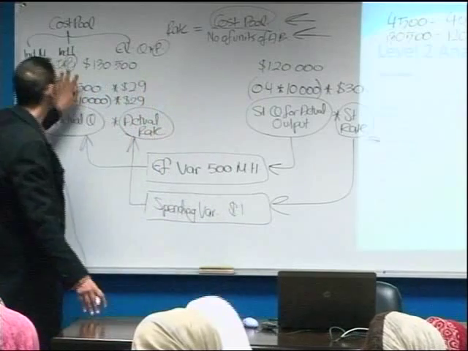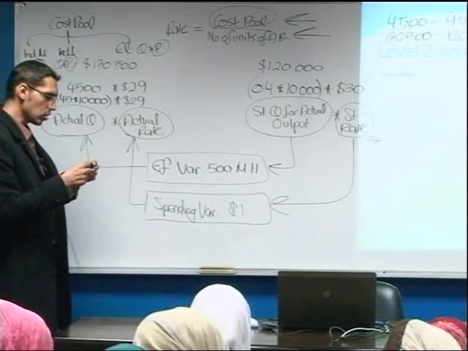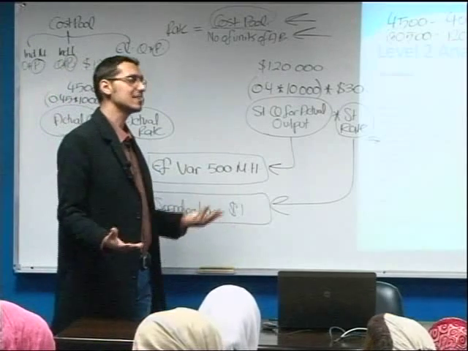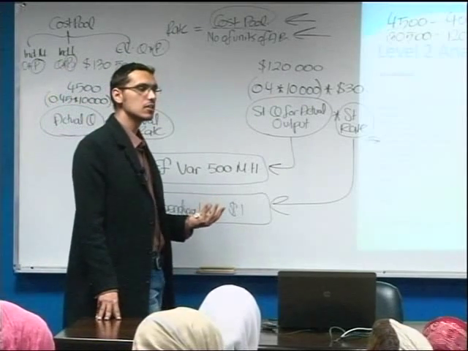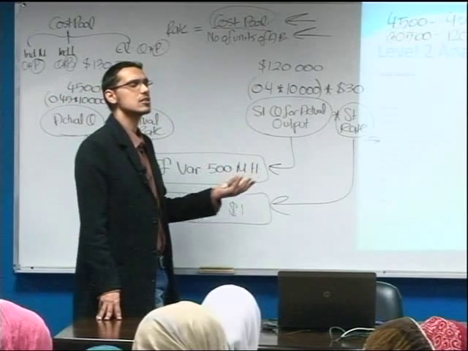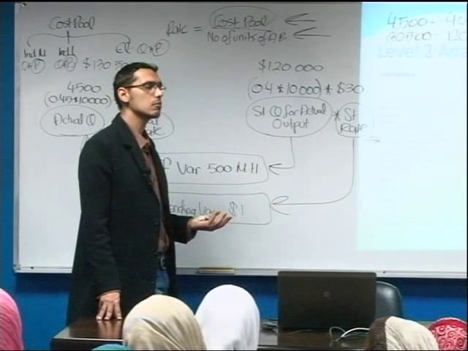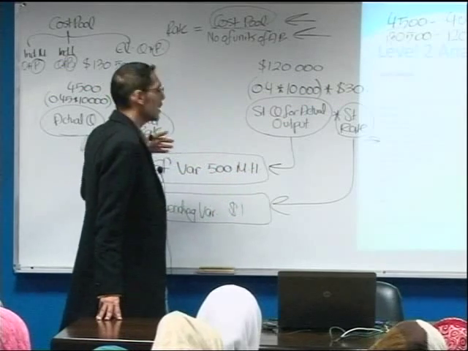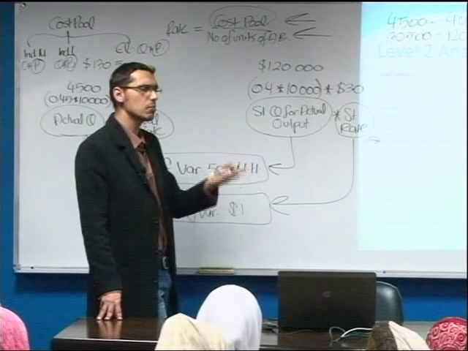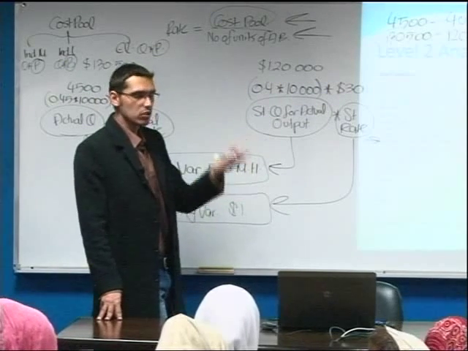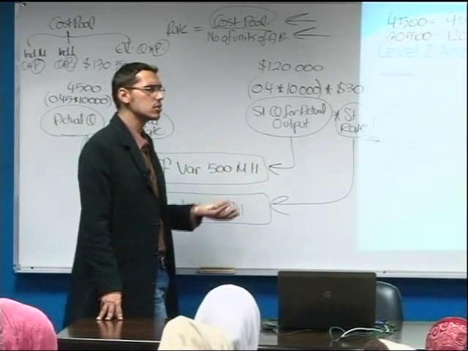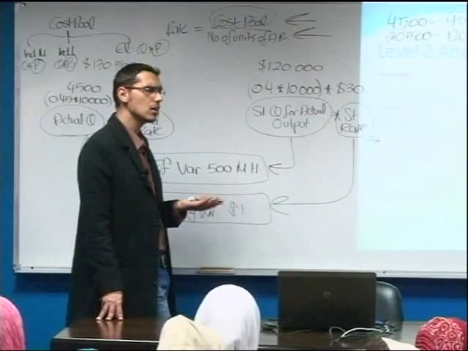For instance, the rate of the indirect labor, we expected the direct manufacturing labor hour to cost $30, but it was less than the $30, maybe $29.5 or $29.